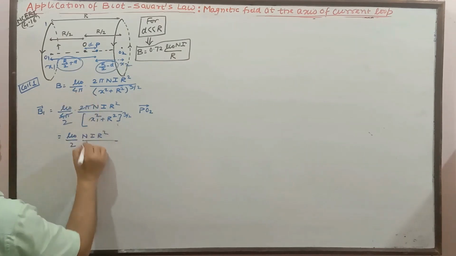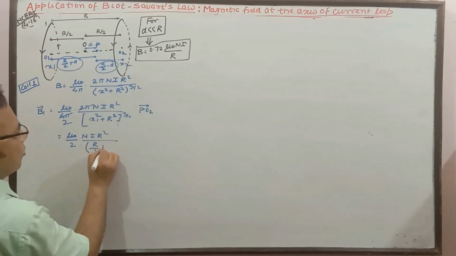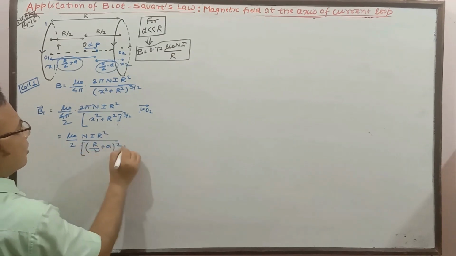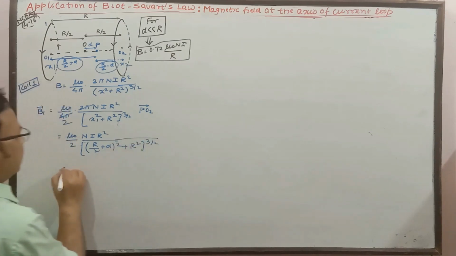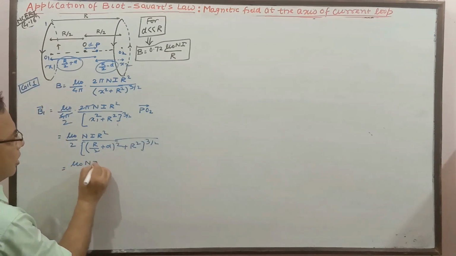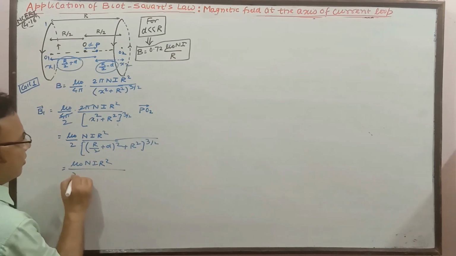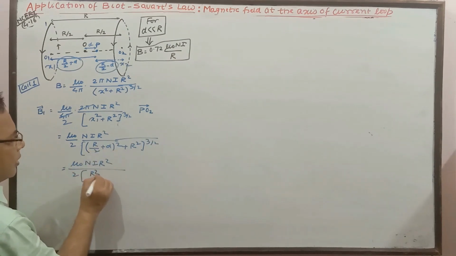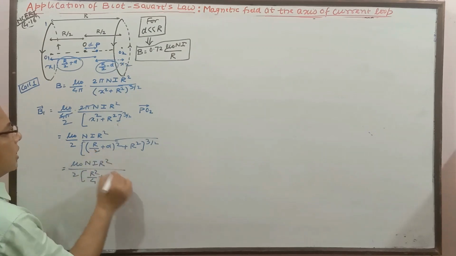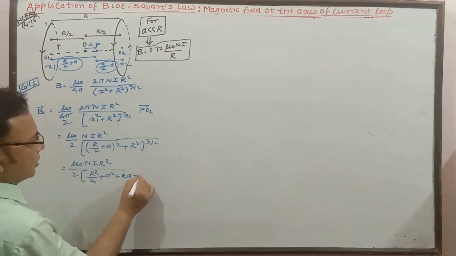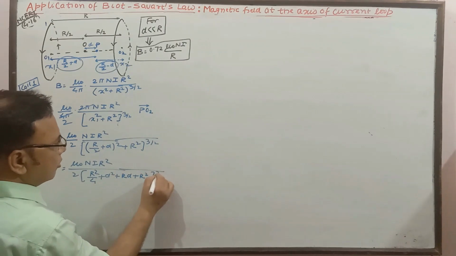Put the value of x1, that is r by 2 plus d the whole square plus r square whole 3 by 2. Expand it: mu naught n I r square divided by 2, r square by 4 plus d square plus 2ab, so 2 is cancelled out, so simply rd plus r square, power 3 by 2.